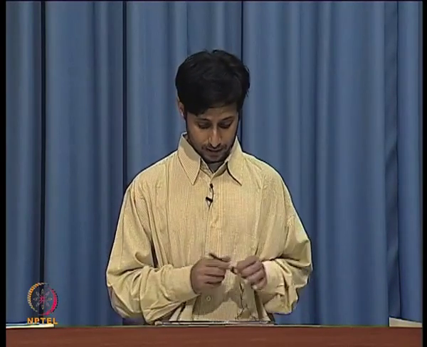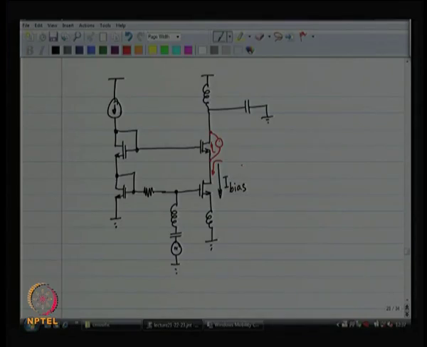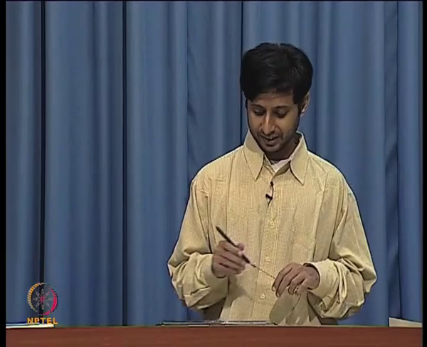So, it is going to prefer to go into the low impedance node. So, as a result the voltage it develops backwards is very little. So, if it develops a low voltage across this, then it is reasonable to expect that particular noise source to contribute very little noise when you refer it back to the input. So, this is why we did not even bother analyzing the second noise source.